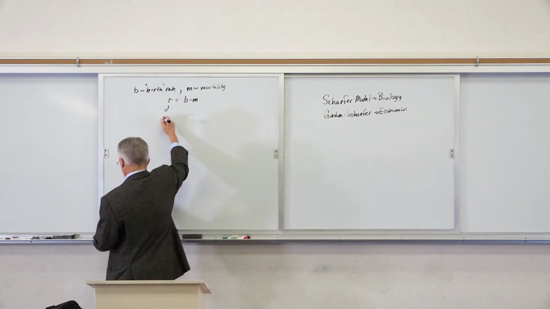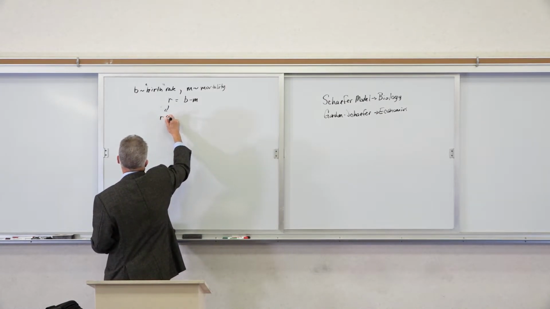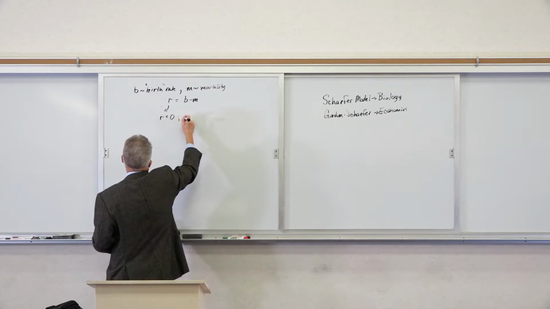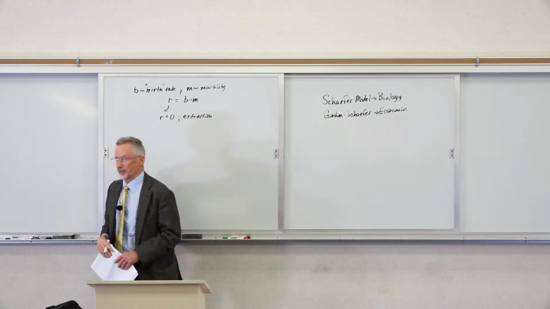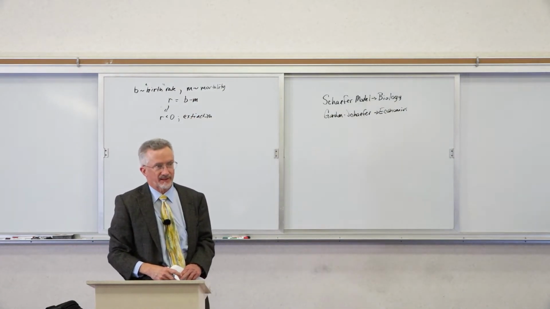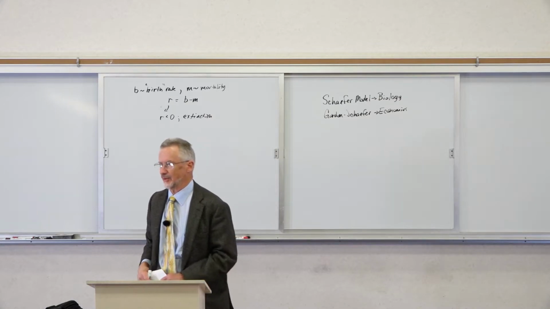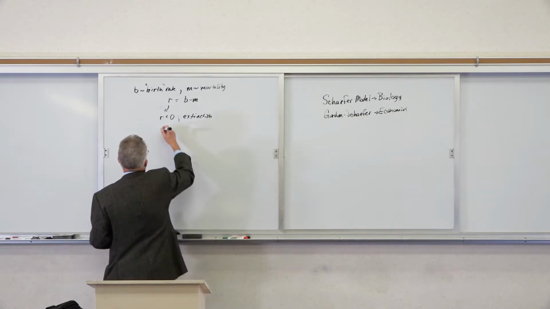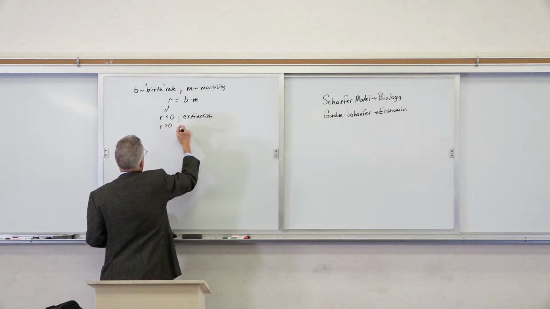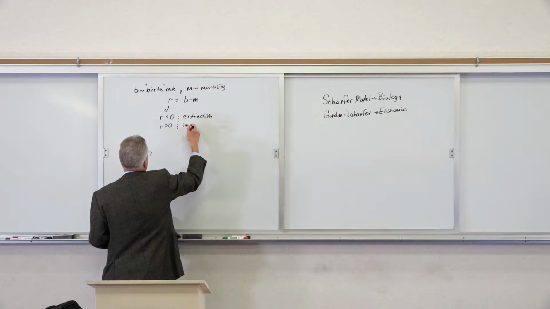First of all, if R is less than 0, what would that mean? It would mean extinction. Mortality exceeds birth rate, and it's a constant. Well, more die than are born. There's no way that that's a viable species. And if R is greater than 0, the population grows to infinity.